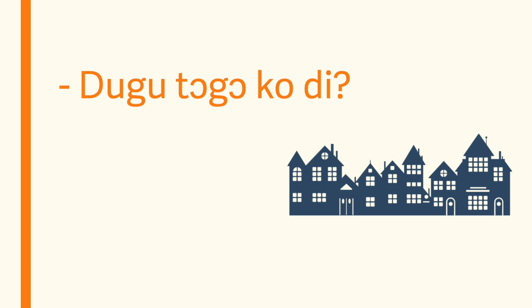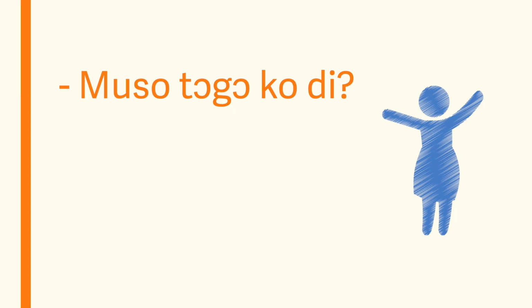And actually, you can just replace this slot with whatever you're interested in. So if you wanted to know the name of a town, you could say, dugu tɔgɔ kodi. What's the name of this town? Or if you wanted to know the name of a specific person, you could say something like, muso tɔgɔ kodi. What's this woman's name?